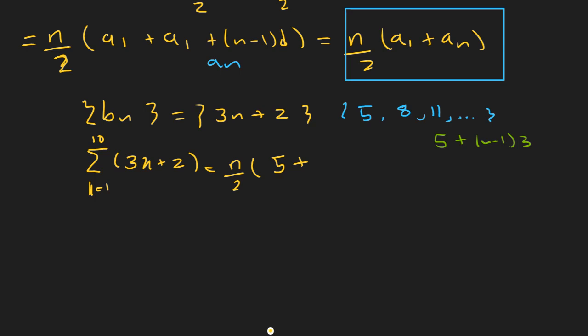In this case, that would be 3n plus 2, of which from here you can say that's 3n plus 7 if you want to do it like that. So you have n divided by 2, and then that would be 3n plus 7.